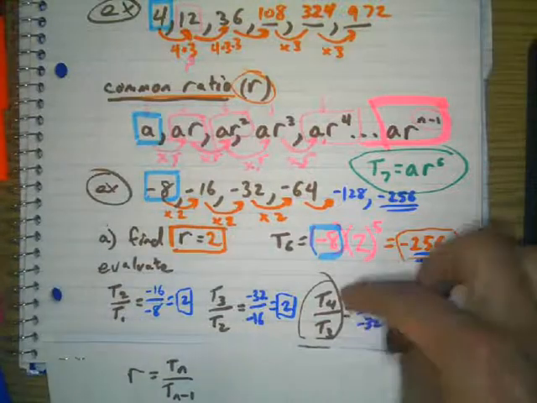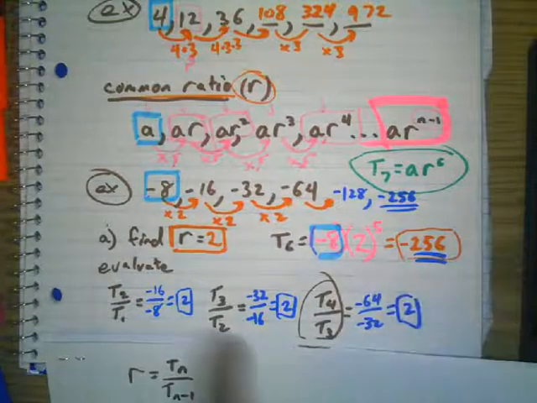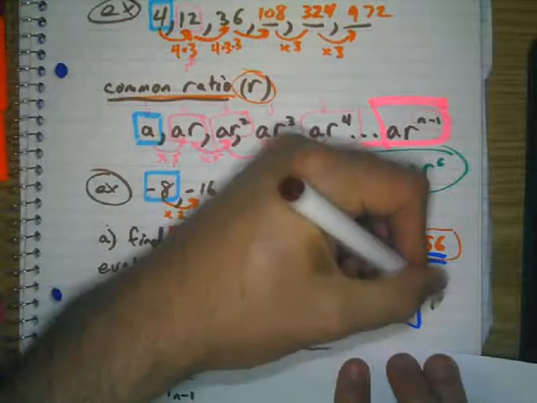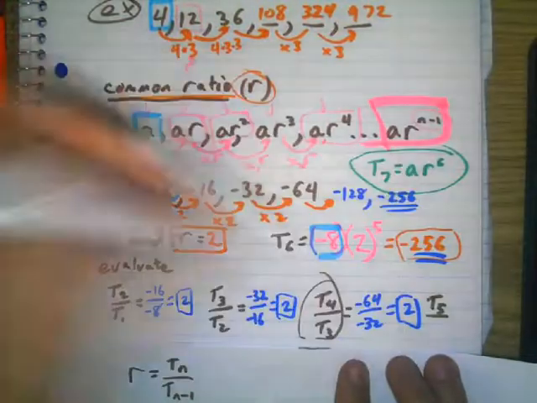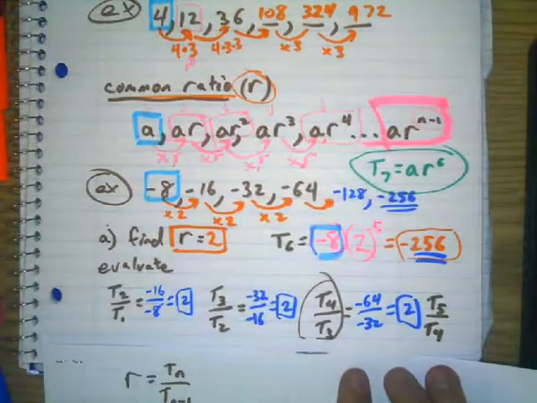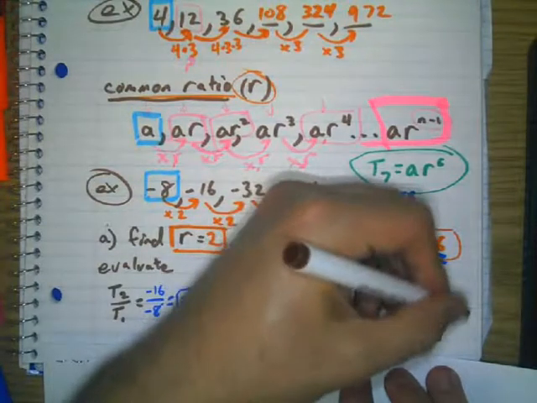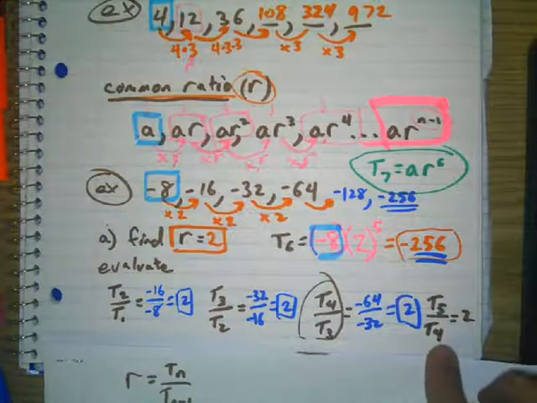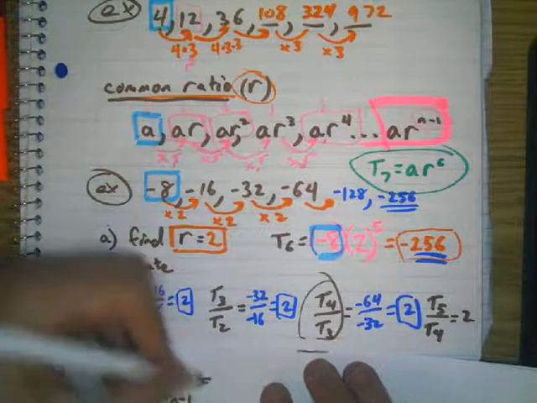Because since this is equal to 2, that's equal to 2, that's equal to 2, I could have said the 5th term divided by the 4th term is equal to 2 also. Or I could have said the 20th term divided by the 19th term is going to be equal to R.